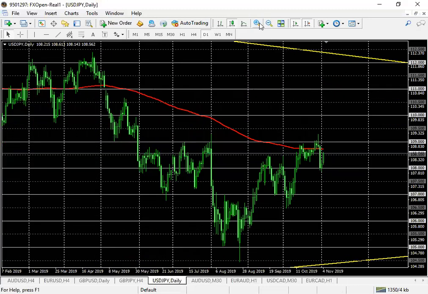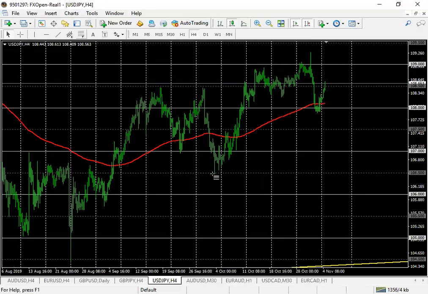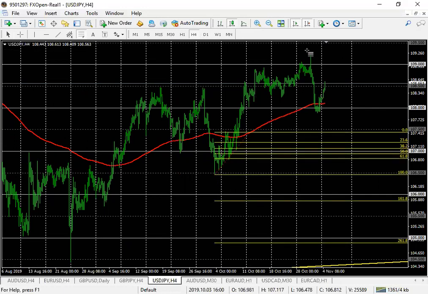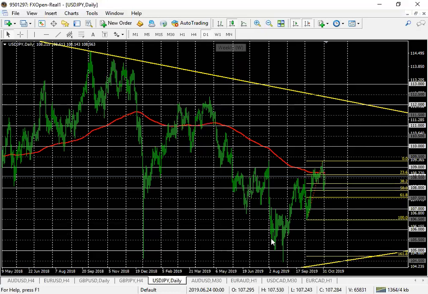Now we see somewhat of a pullback to the downside. Let's just break it down through to the 4-hour time frame. You can take this swing low of 106.50. For now we're just looking at a buying bias, because we just came off these fresh lows at 104.50.